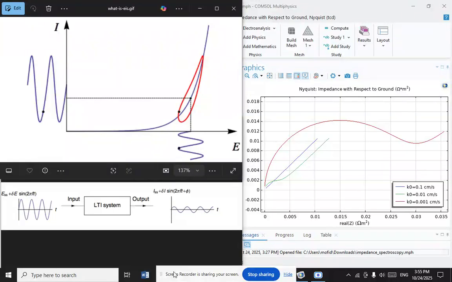This method is used in various fields including battery research, corrosion studies, material science, and medical diagnostics to understand properties like resistance, capacitance, and reaction rates.